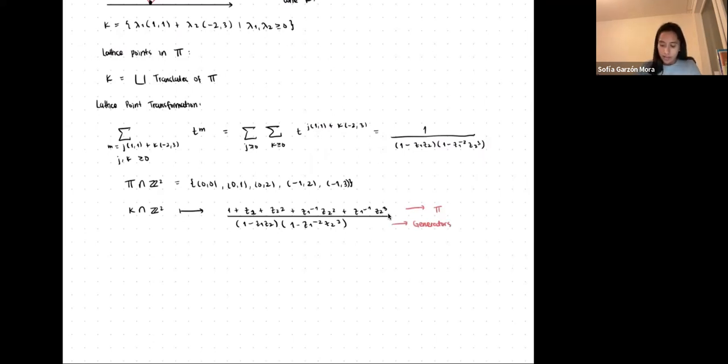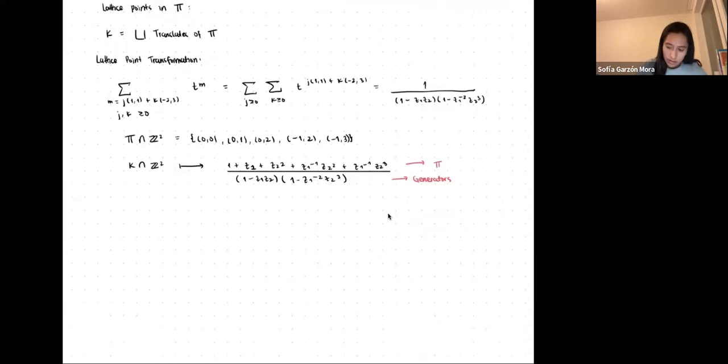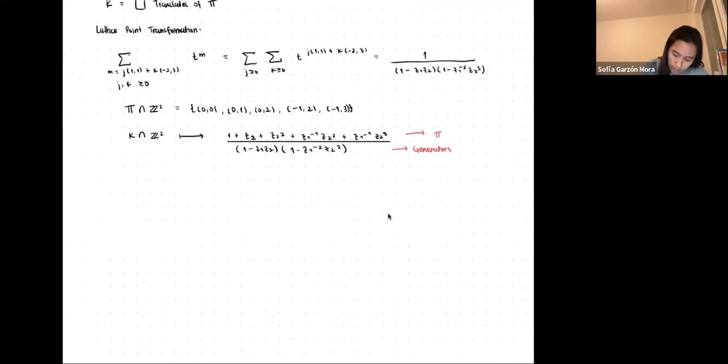And this is nice, right? Because we've managed to express an infinite amount of points as, let's say, a very simple function. That gives us a lot of information about the cone. But the good thing about this, and here comes Ehrhart, is, wait, let me write this as a theorem.